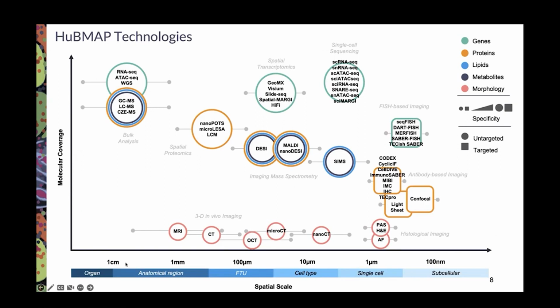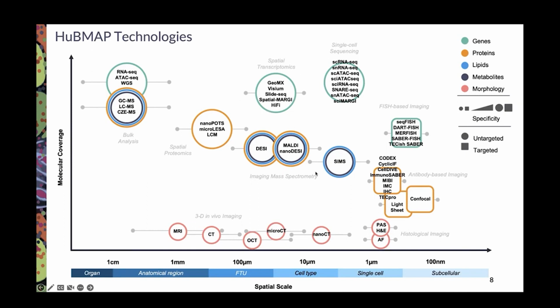And so as you can see here, we have groups that are generating data using the traditional in vivo imaging strategies. We have groups that are generating bulk analysis still to support some of the data that's being generated in single cell and the spatial assays. So we have a whole suite of single cell technologies that are being employed, as well as spatial transcriptomics.